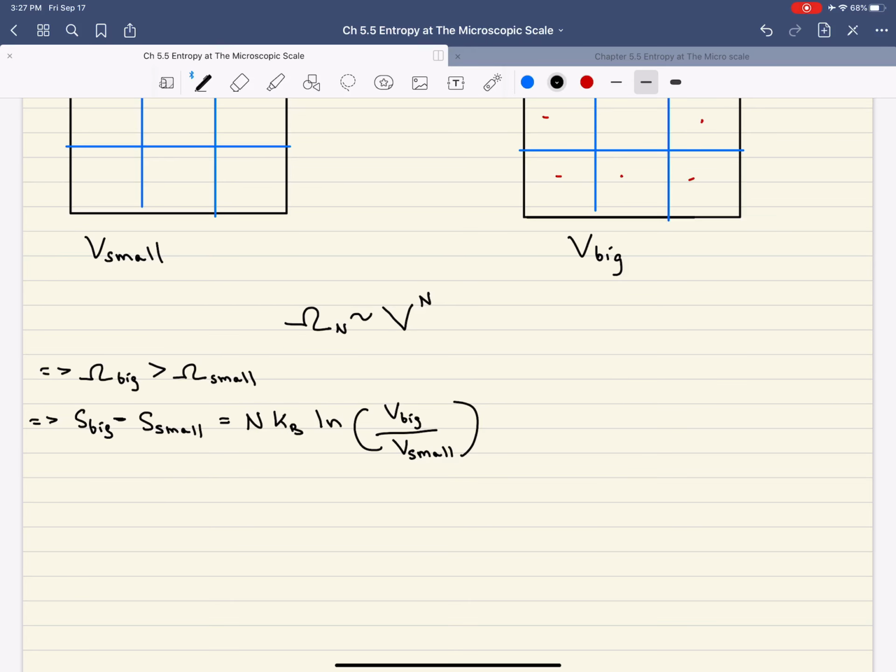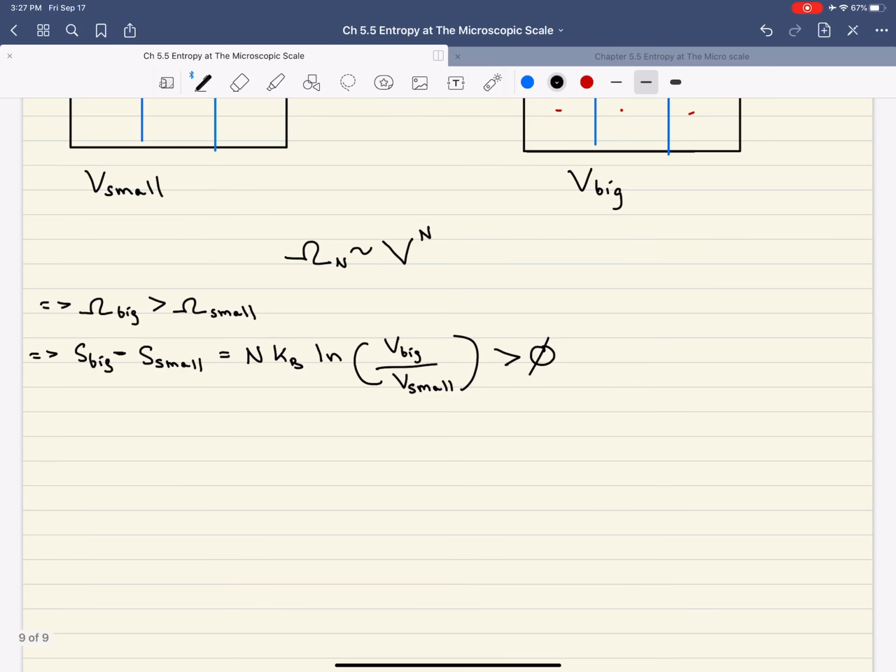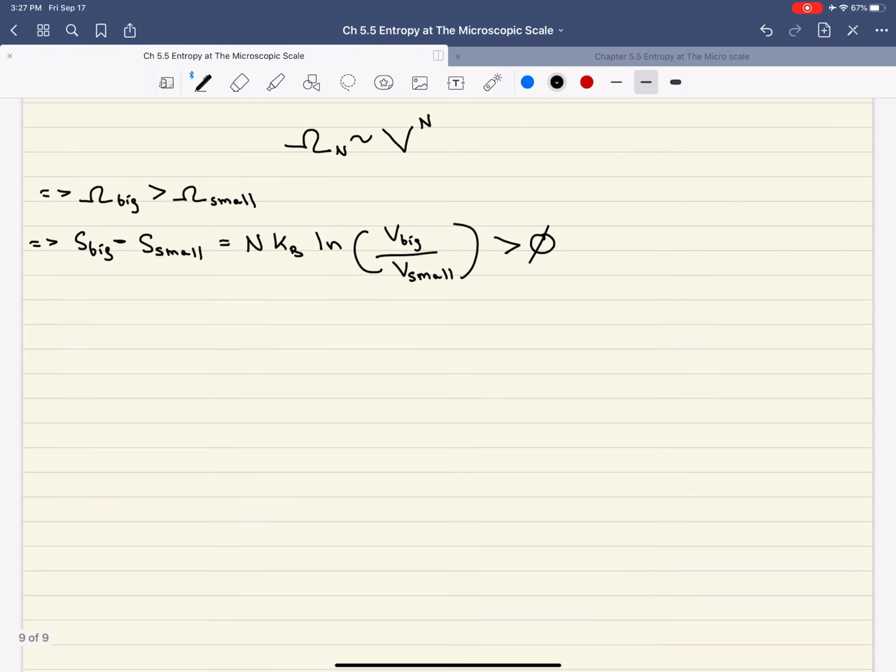Since V big is greater than V small, the natural log is positive, and so this change in entropy is also positive. The system in which the molecules take up a bigger volume has a larger entropy than the macrostate where the molecules only take up a small volume.